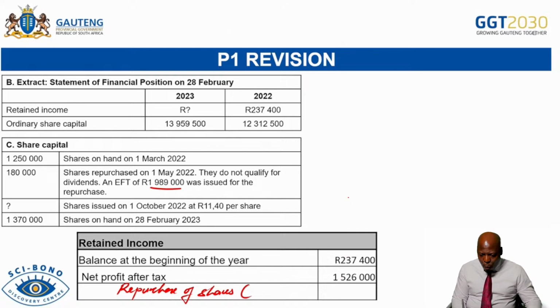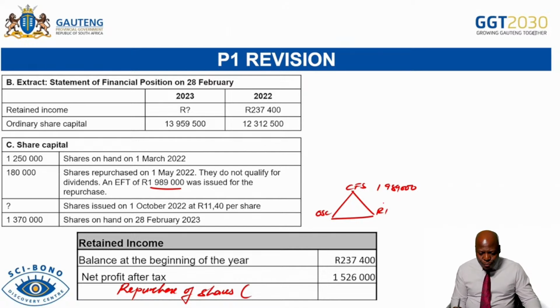Okay, so remember, we always have that triangle that you have to keep in mind, that at the top it is a cash flow amount, which is the EFT that was paid, which is your 1,989,000. That is the EFT that was issued. Okay, and then here we're going to have the ordinary share, and then here we have the retained income, the amount above.